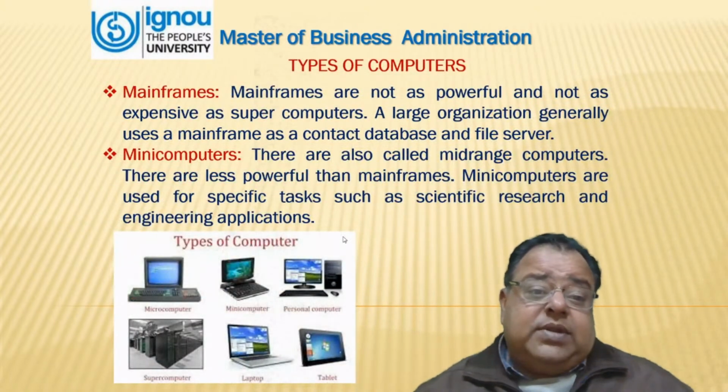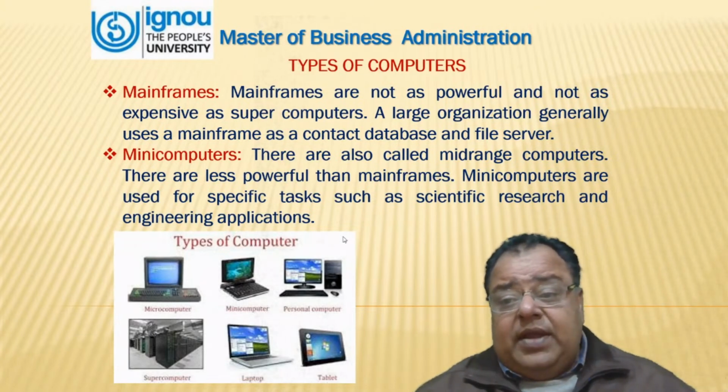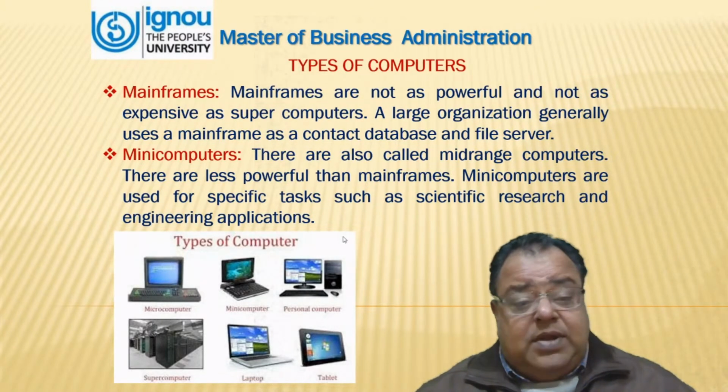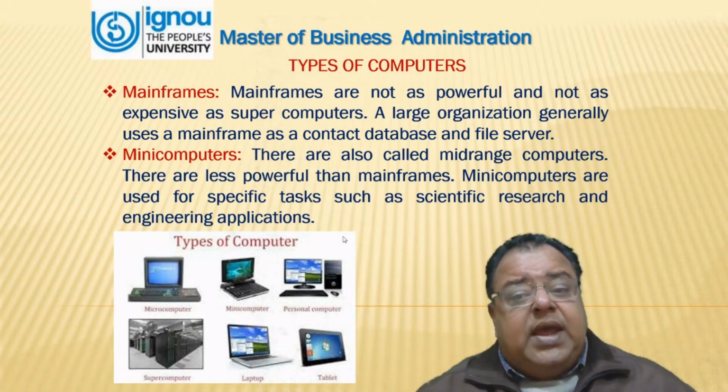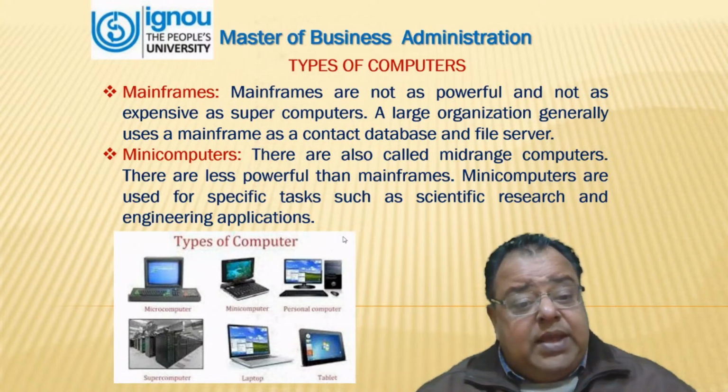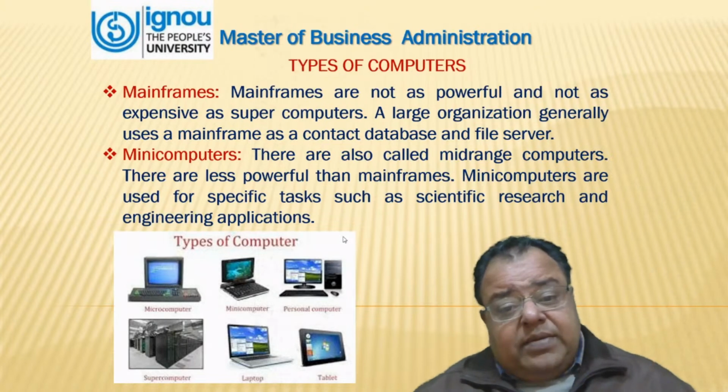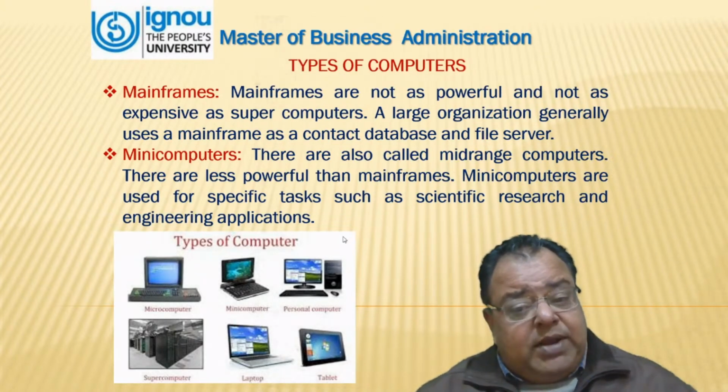Types of computers: mainframe. Mainframes are not as powerful and not as expensive as supercomputers. Large organizations generally use a mainframe as a content database and file server. Mini computers are also called mid-range computers. They are less powerful than mainframes.